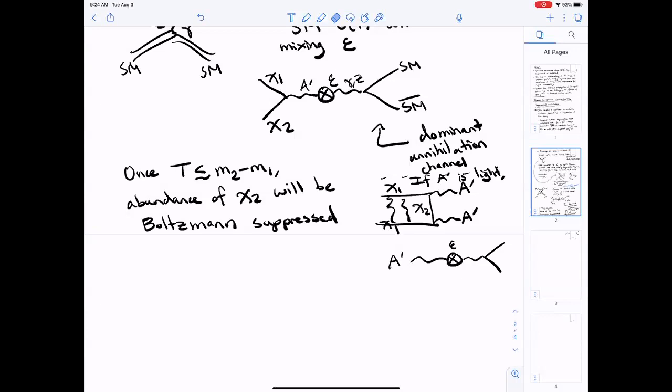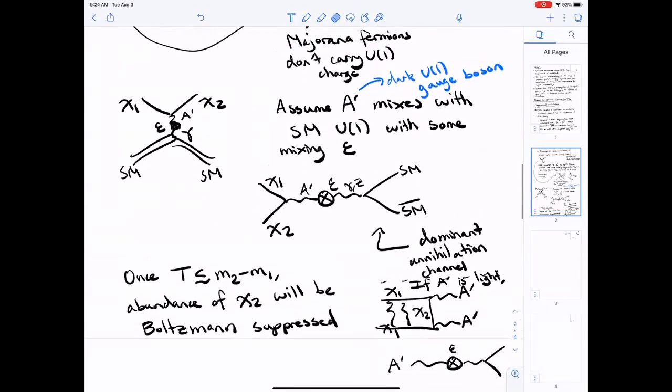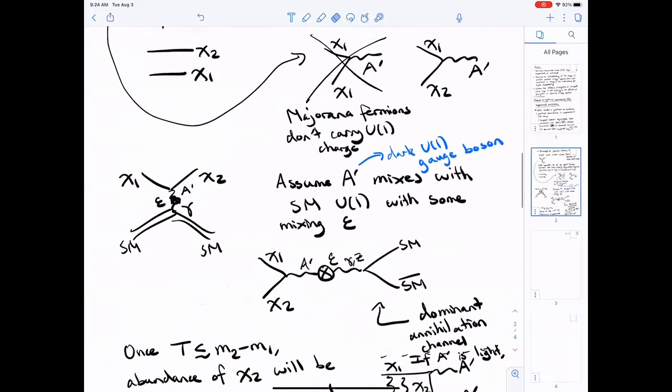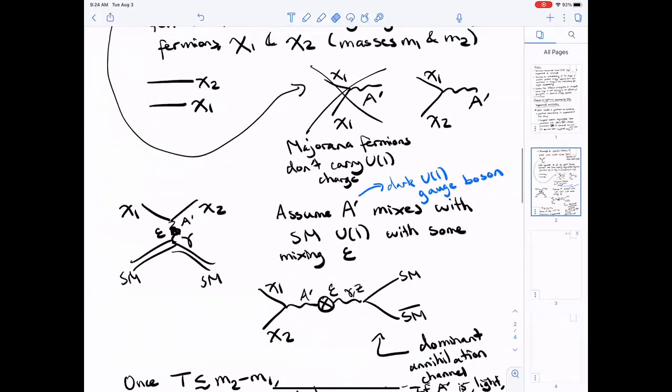Do you necessarily need the mixed coupling, or can you just couple your standard model with the gauge boson directly? Like have the standard model particles carry some dark U(1) charge.